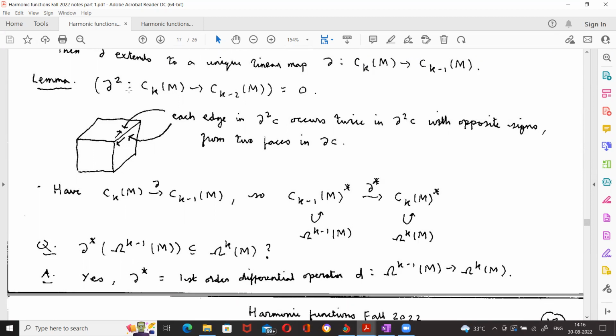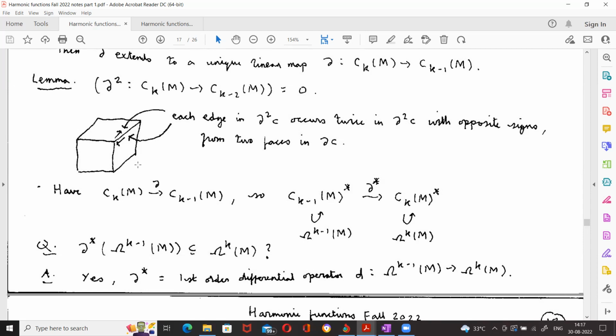And so you can look at the quotient, kernel mod image, that defines the homology of this chain complex. And that turns out to be the same as the usual singular homology defined using singular simplices. So this boundary squared equal to 0 allows you to define the homology of the manifold.